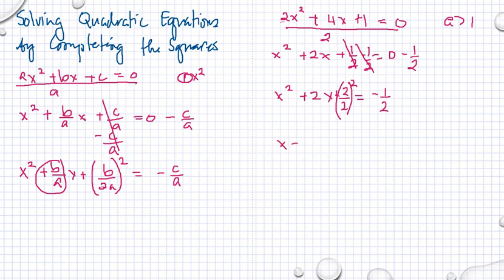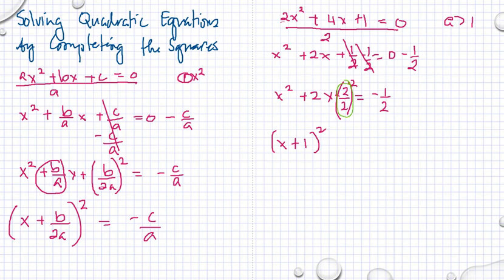Then you have x plus 1, in parentheses, squared. I meant this 1 is inside the parentheses. Try to do it. So it should be like this now: x plus b divided by 2a, in parentheses, squared.